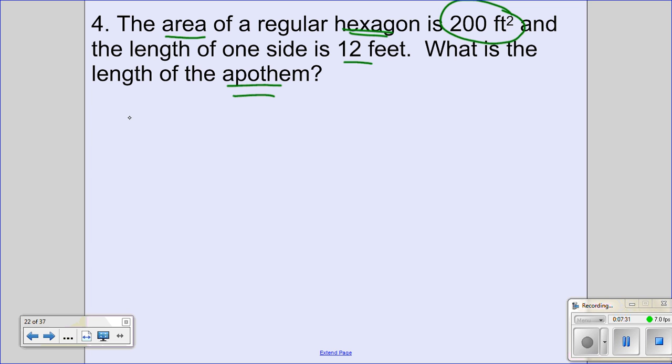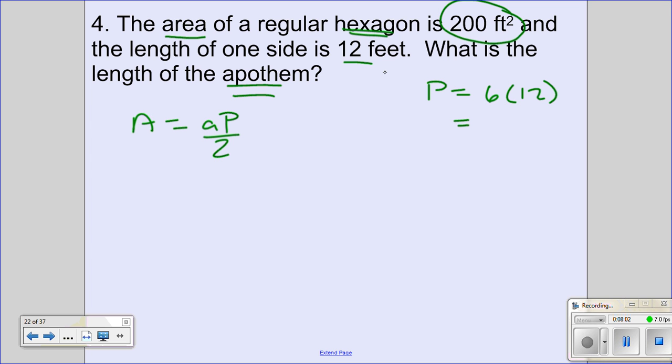Again, the formula for area of a regular polygon is apothem times perimeter over 2. It gives us the area, 200, and the length of one side. So let's find the perimeter. If it's a hexagon, it has 6 sides, and each side is 12.